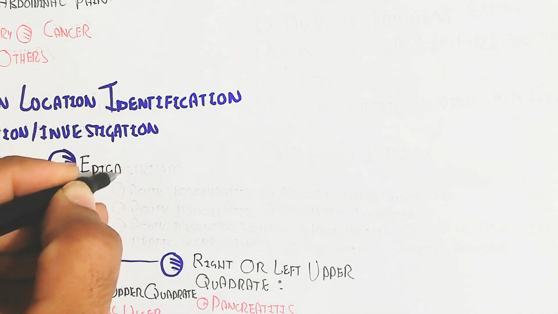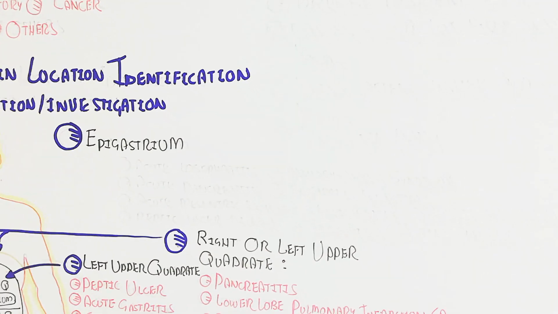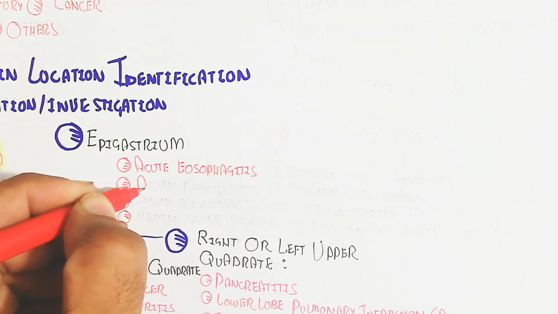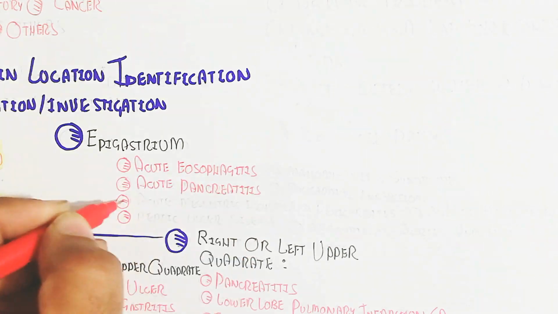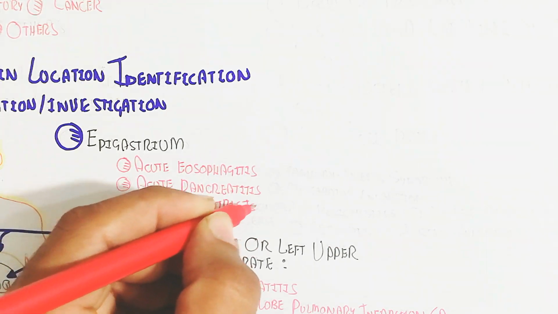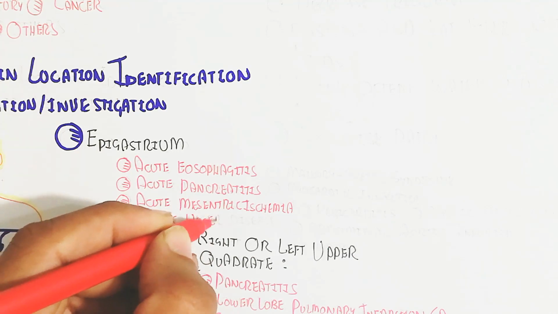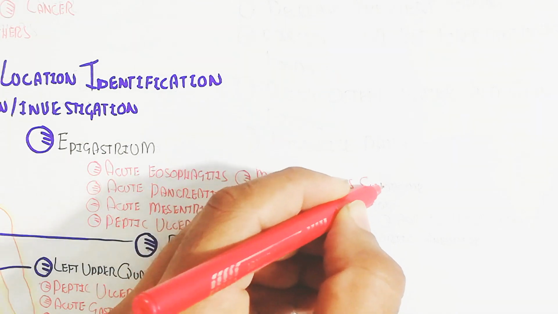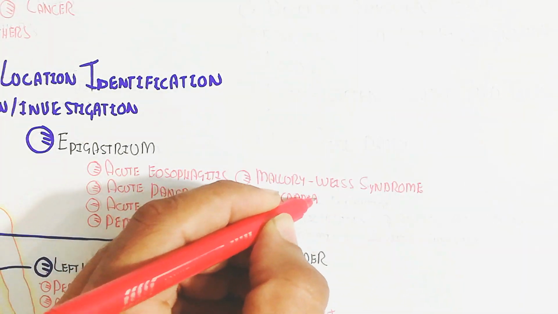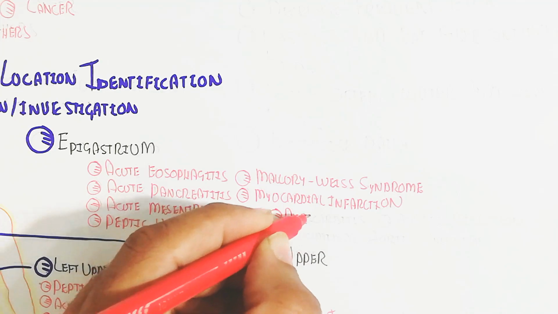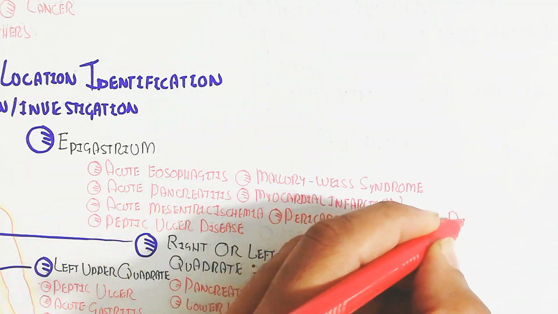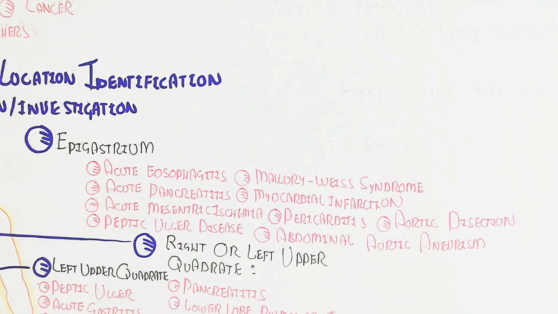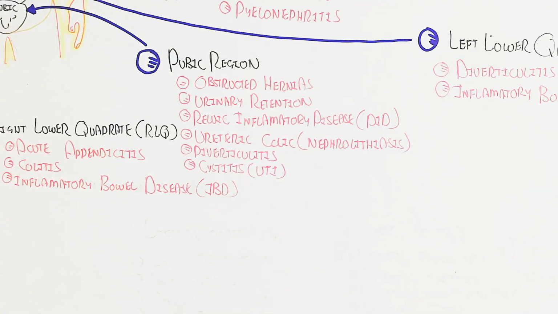Let's begin to understand the epigastrium. This is the frontal region, between the right and left quadrants, upper and lower. This can lead to acute esophagitis, acute pancreatitis, acute mesenteric ischemia, peptic ulcer disease. On the other hand, Mallory-Weiss syndrome, myocardial infarction, pericarditis, aortic dissection and abdominal aortic aneurysm are also involved.